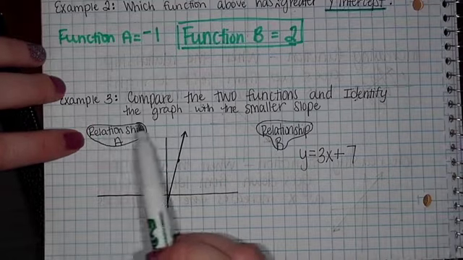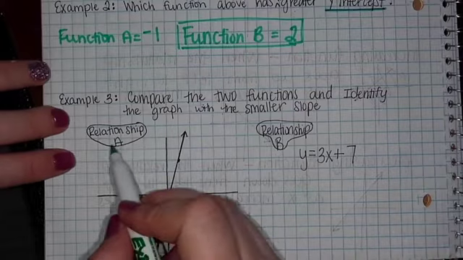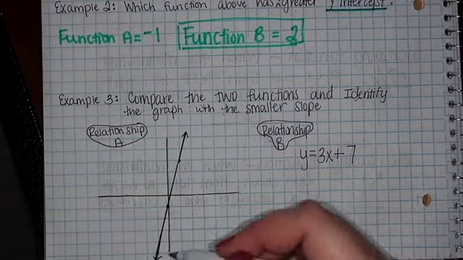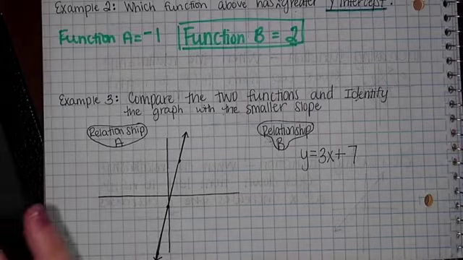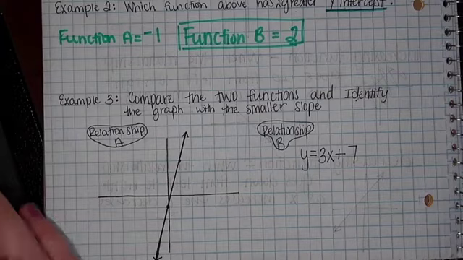So this is the relationship, the equation, this is function, whatever word they use. This is called A, and this one's B. You can see that this is a graph and this is an equation. I very much suggest you always have the information coming from those two written in the same way.